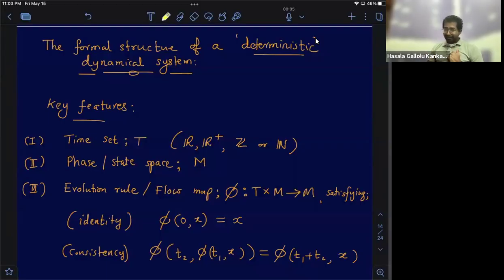So there is a world of dynamical systems where we are going to describe discrete dynamics. You're not going to define it on a continuum. Instead, you're going to define it with these discrete, I mean, with the gaps.